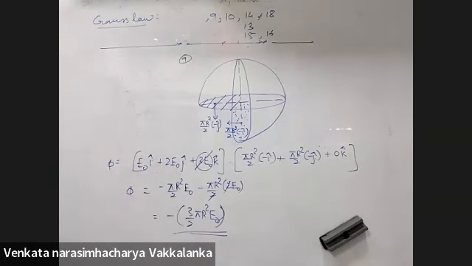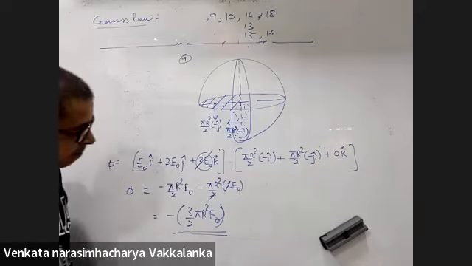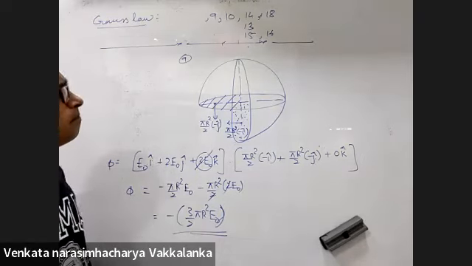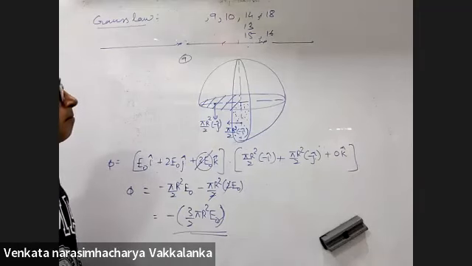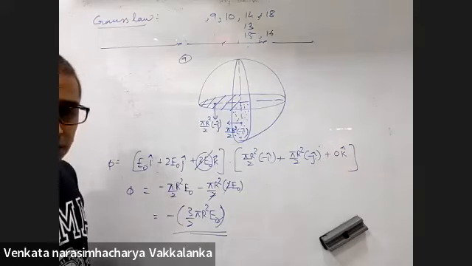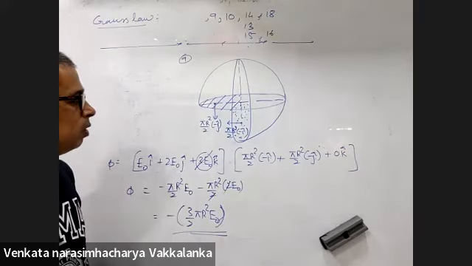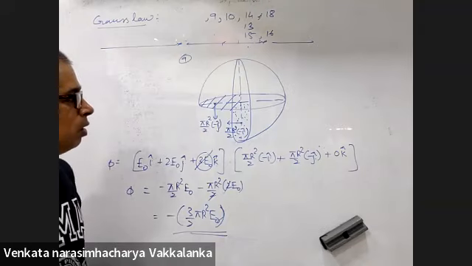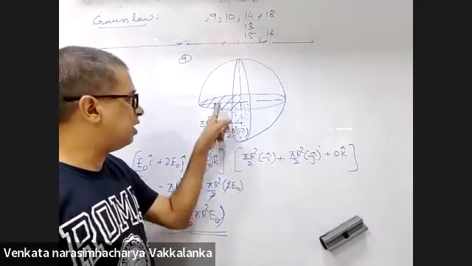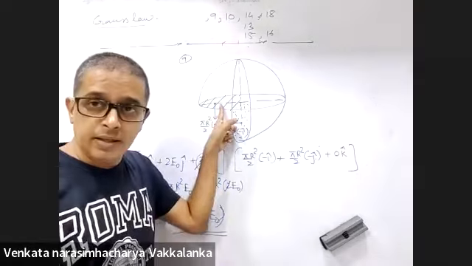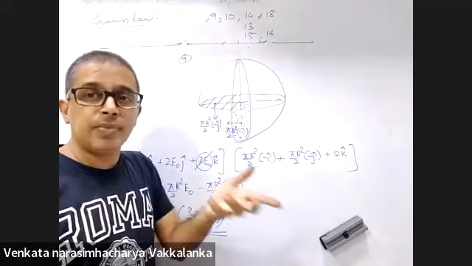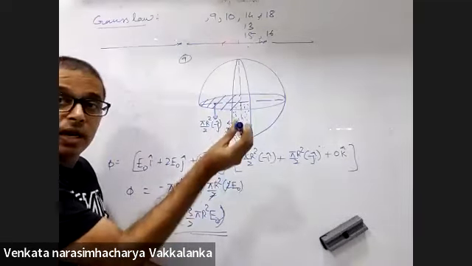Sir, why aren't we considering the area by k cap? I mean 3 by 4 pi r square. Where should we consider it? Sir, the field is given, so k cap should also come, right? Arre bhai, in this cross sectional area and this cross sectional area, where will k cap come from? Where will this vector come from?